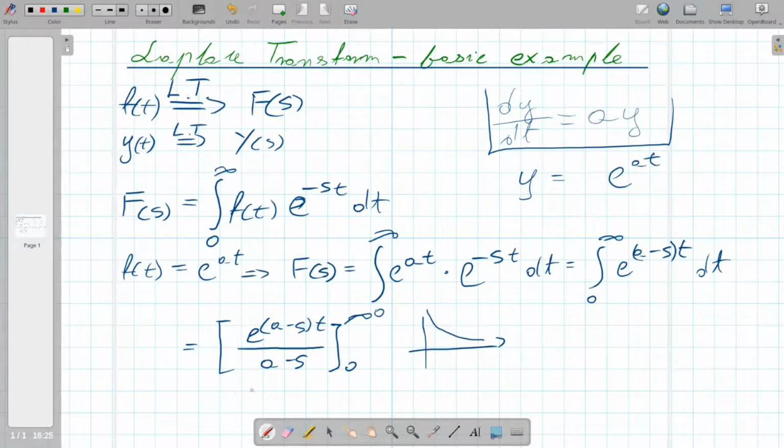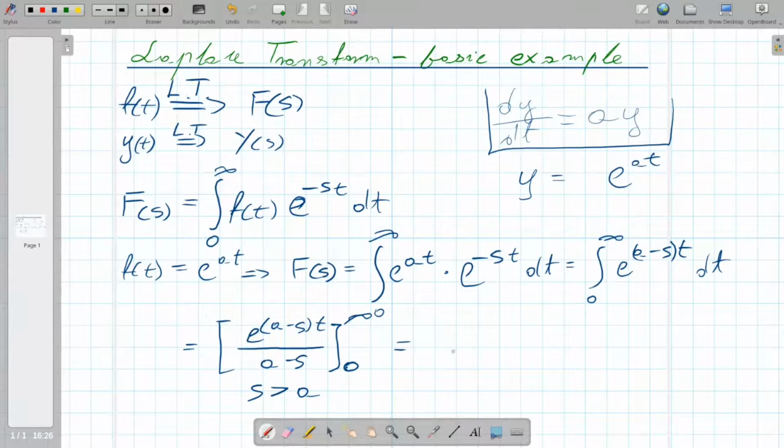So now we make the assumption that s is bigger than a, and this applies to this result. When I apply the limit and time approaches infinity, all of this approaches 0. The lower limit is 0, so when I put 0 here, I get 1.